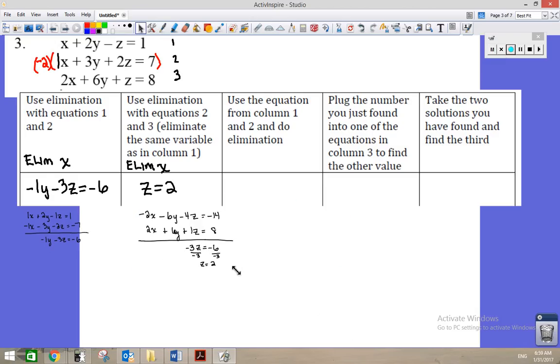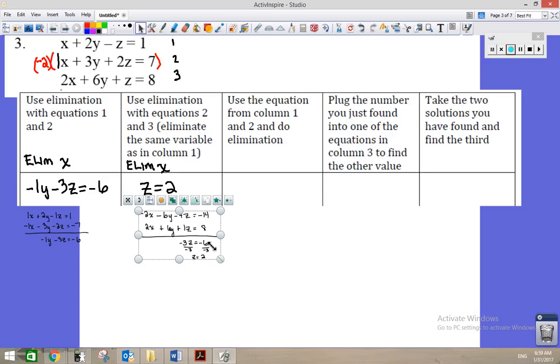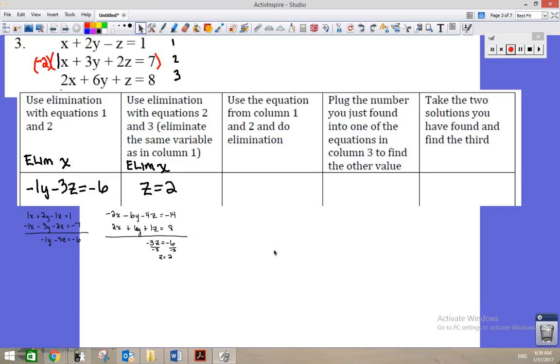Now, although it says to do elimination, I don't really need to do that. I can plug in the number I just found into this previous equation. So I can jump over here and I can say that I have this equation, negative 1y minus 3z.